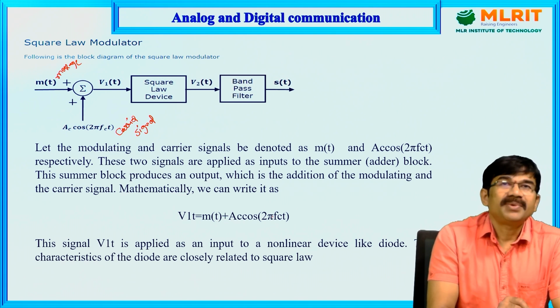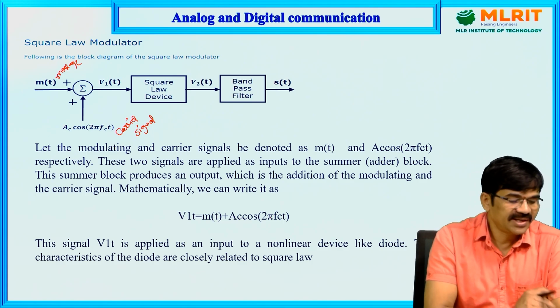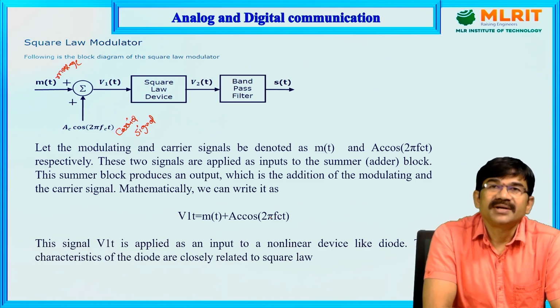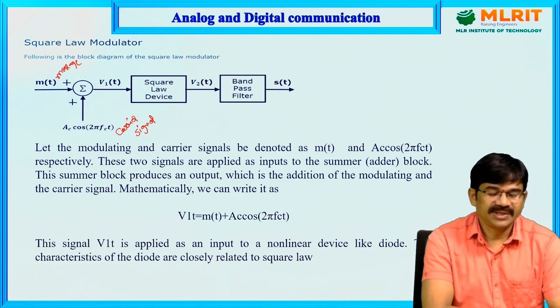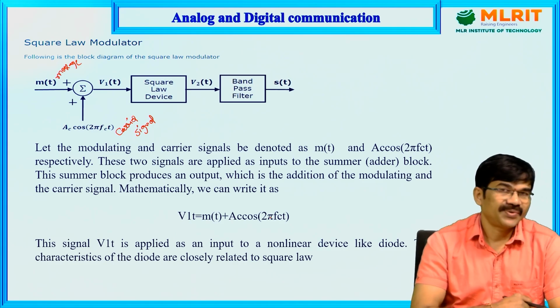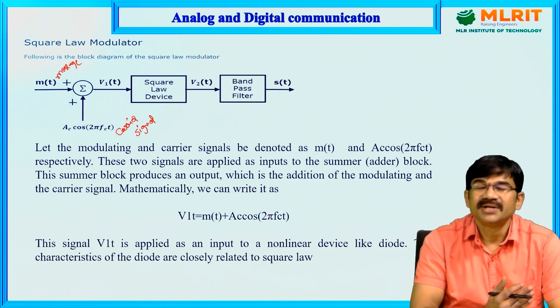That is applied to the square law device, which is a non-linear device like a diode. The characteristics of the diode are closely related to the square law characteristics. The diode used for the square law modulator is operated in the non-linear region.